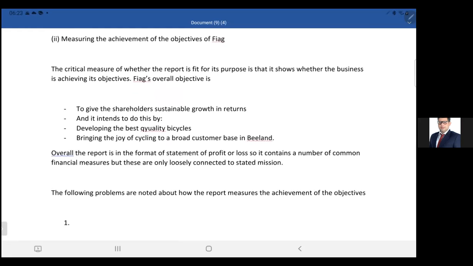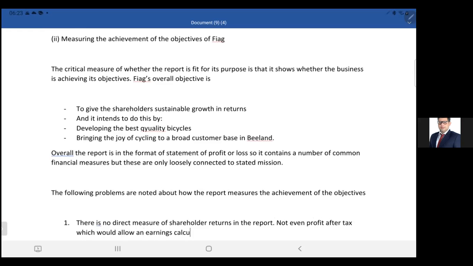Number one, there is no direct measure of shareholder returns in the report, not even profit after tax, which would allow an earnings calculation.